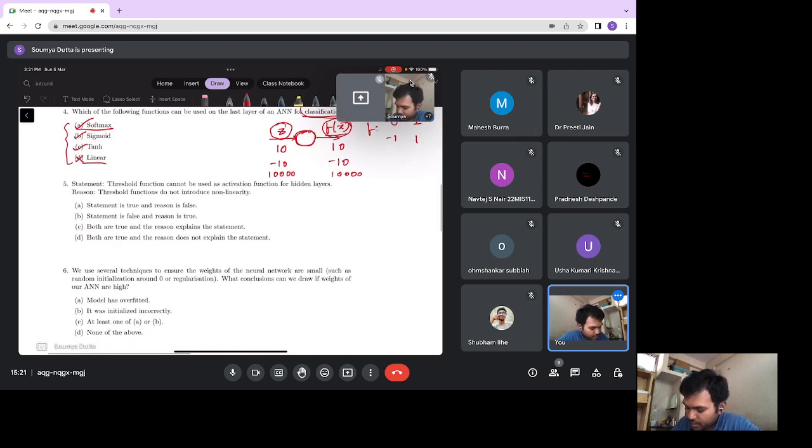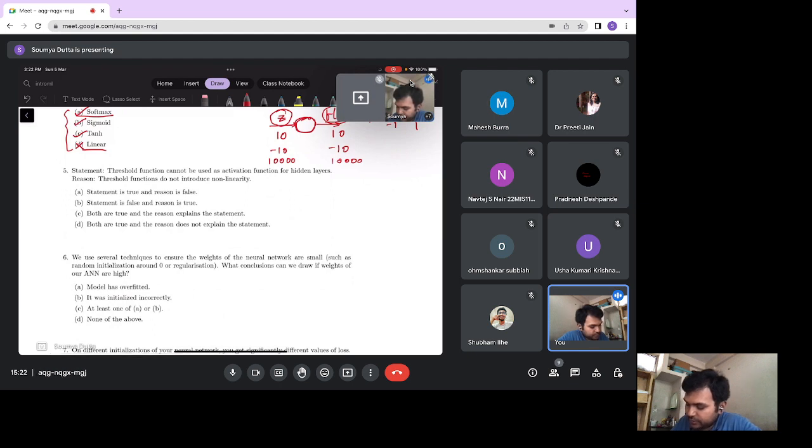Okay. The fifth question is, threshold function cannot be used as an activation function for hidden layers. If you use neural networks, you will find the threshold function is never used as an activation function for hidden layers. But why is it not used?